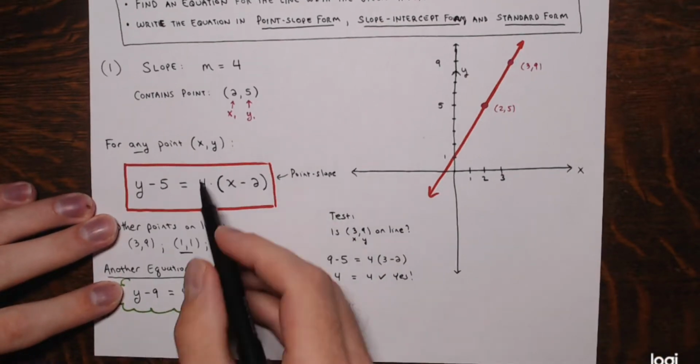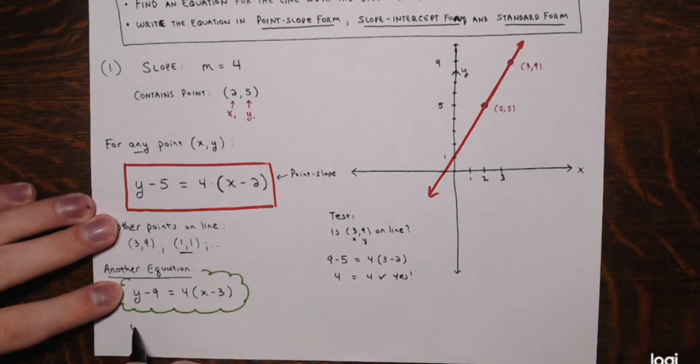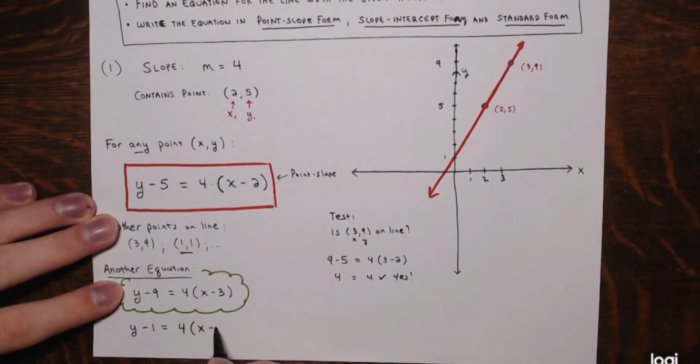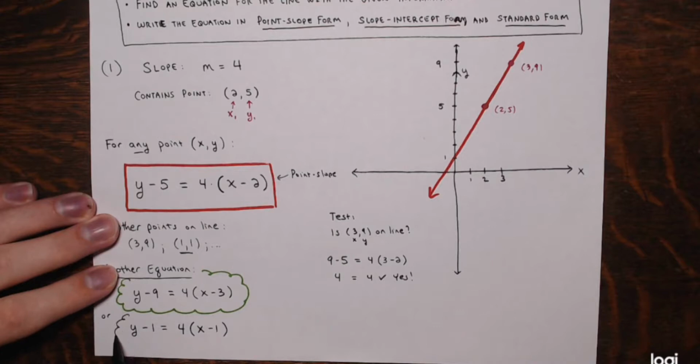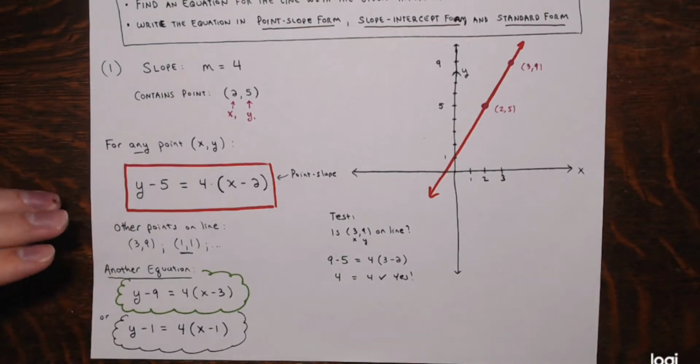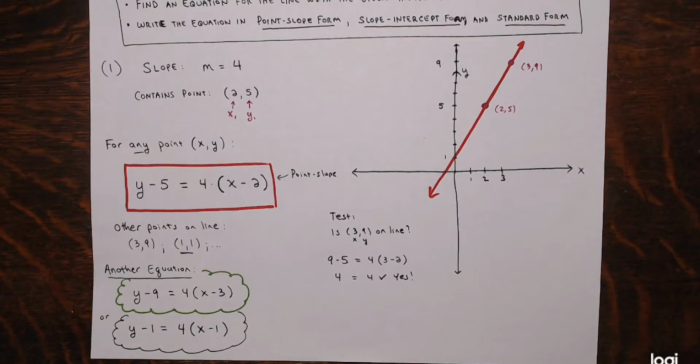Just do, change in y minus 1 equals the slope 4. That's never changing. The slope is always 4 times the quantity change in x minus 1. And this should also be the same equation. It's an equation for the same line, as we'll see.